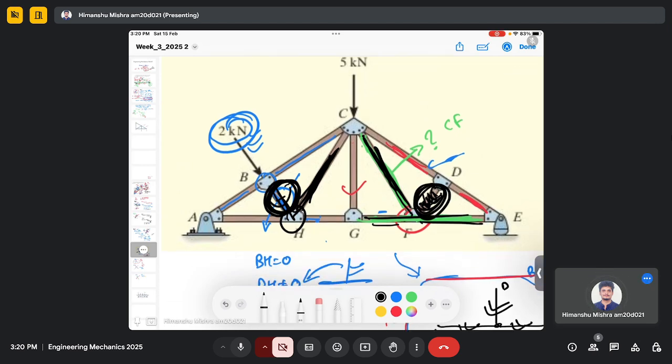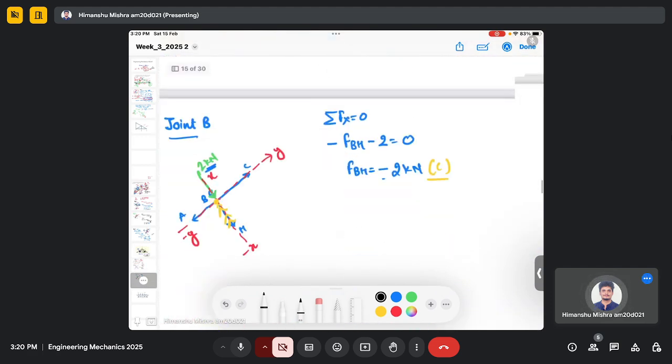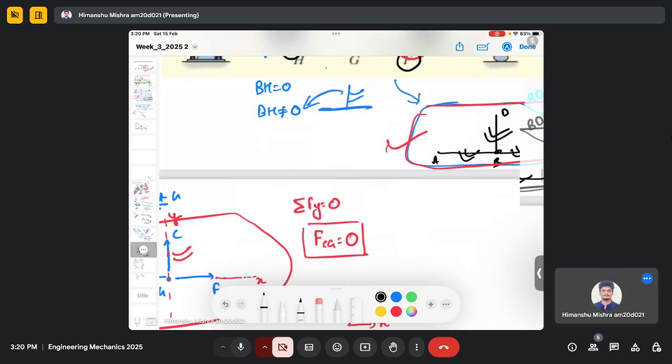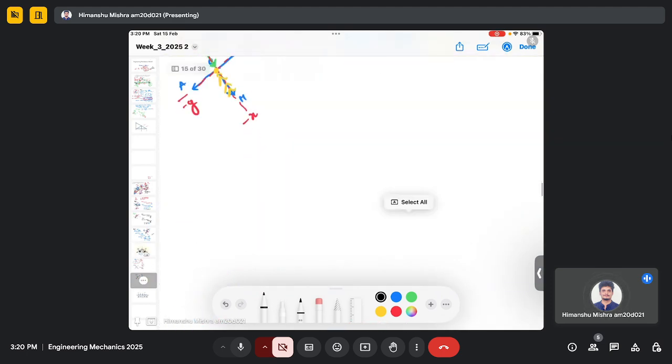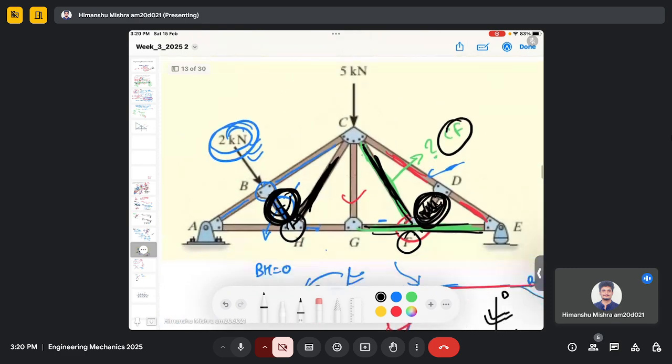So let's consider joint F and check if the force in member CF is 0 or not, because it is a similar system. So this is my joint F. So we have FG, FE and FC.